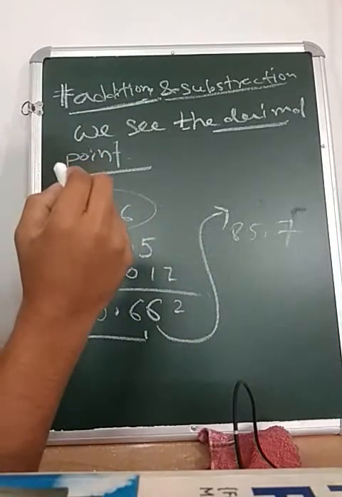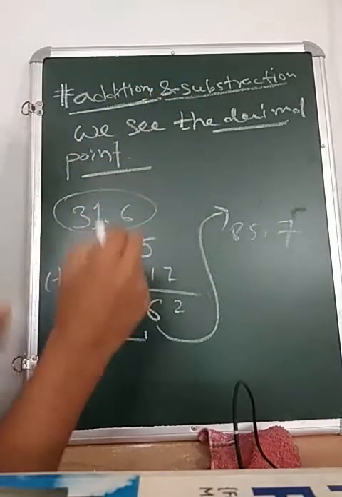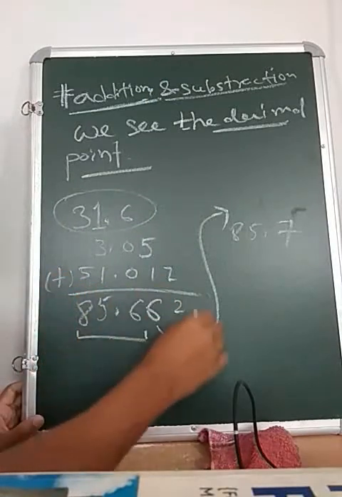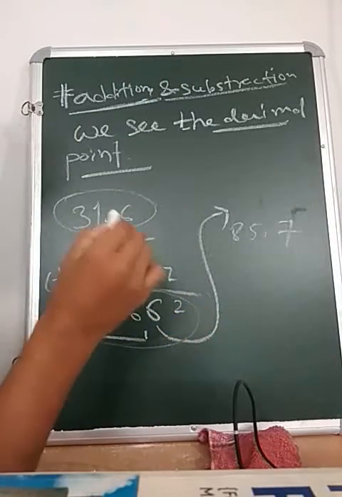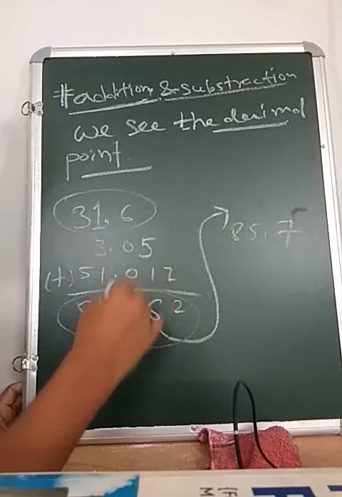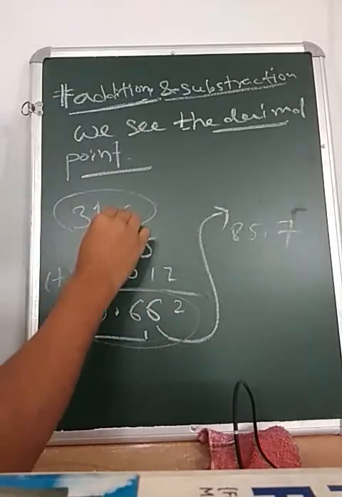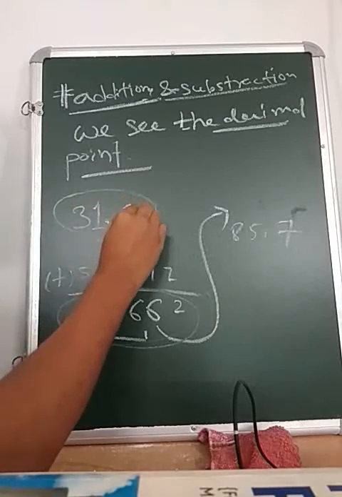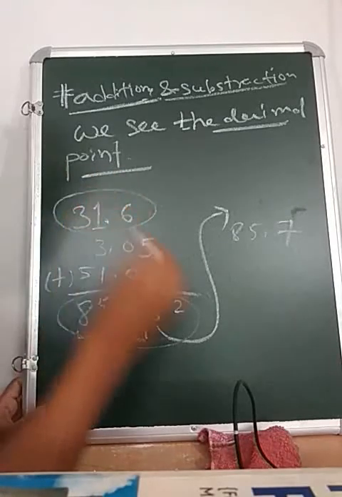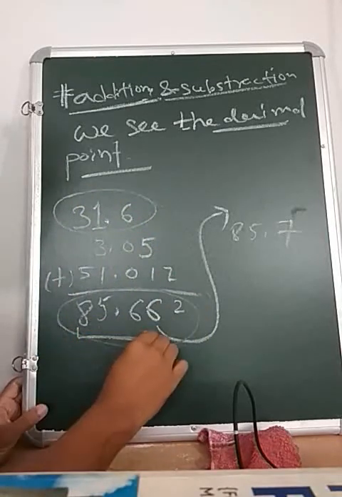In case of addition and subtraction, first we add the numbers, whatever it will be. Then we find the number with the least decimal point and see its number of decimal points, which is 1. So we round it off up to the first decimal point.